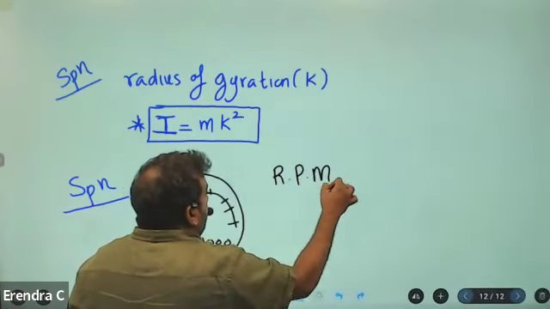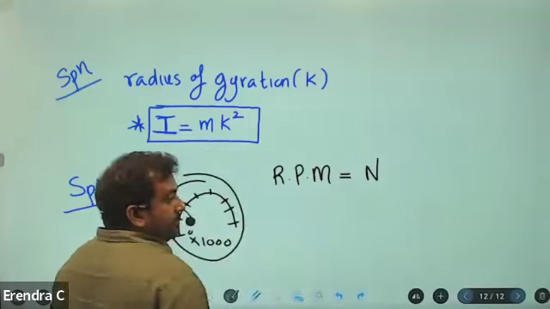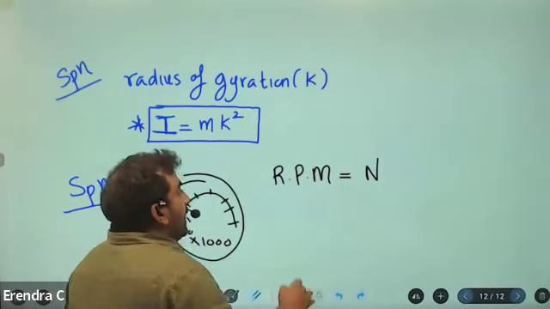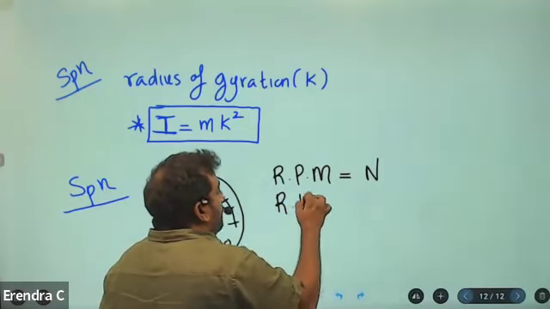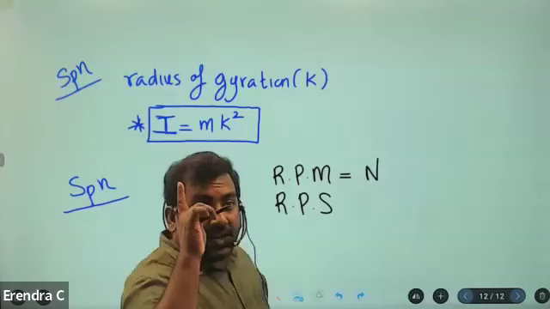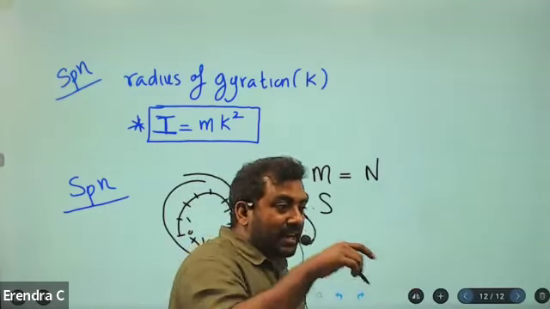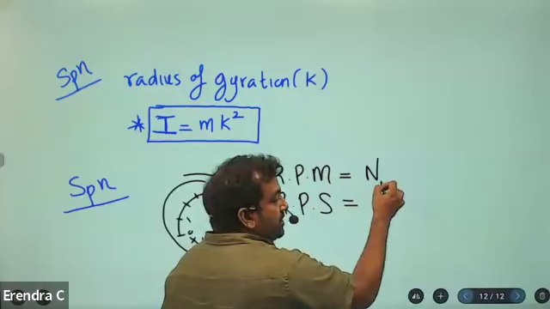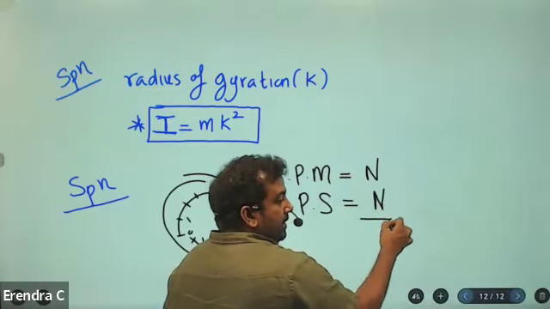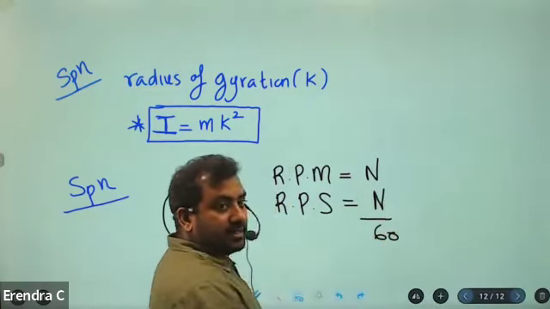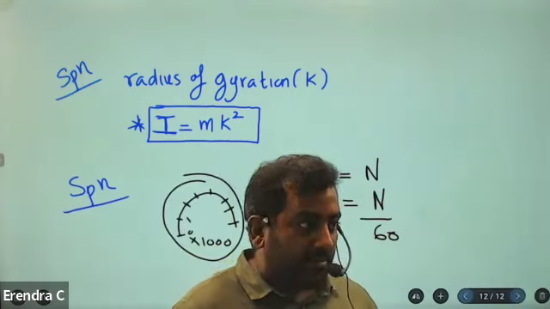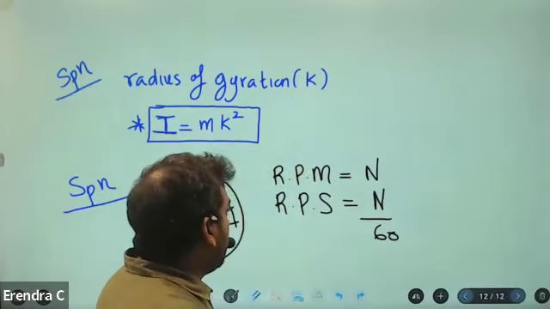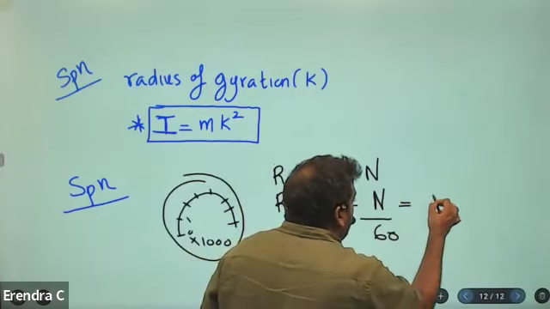RPM is given capital N. Convert this to RPS, revolutions per second. How do you convert revolutions per minute to revolutions per second? Divide by 60. In 1 minute you have 60 seconds. Revolutions per second, in other words, is frequency.